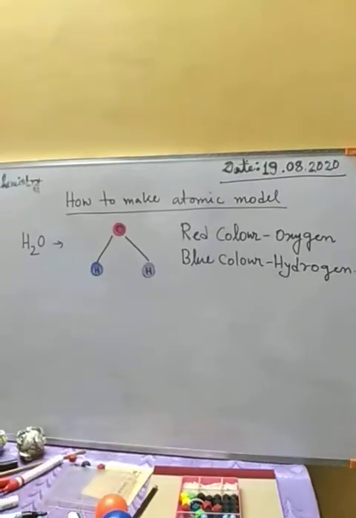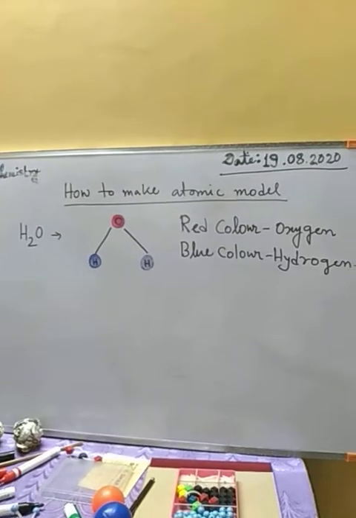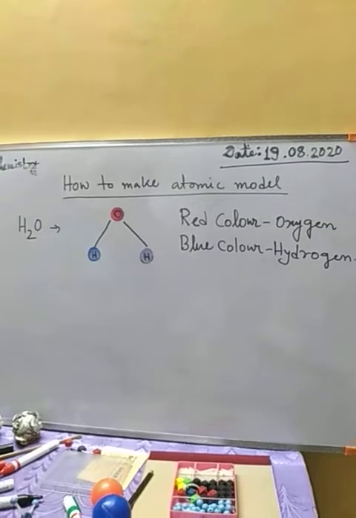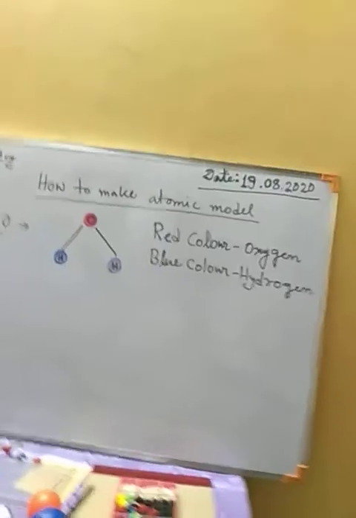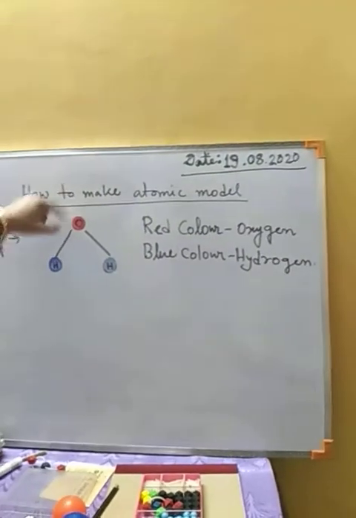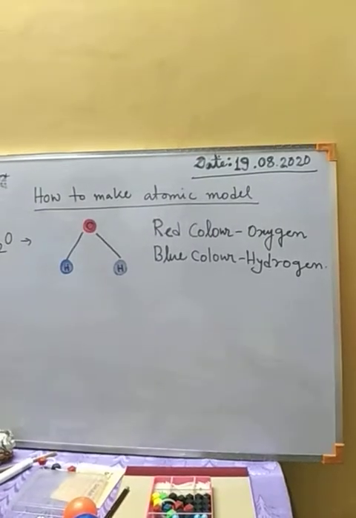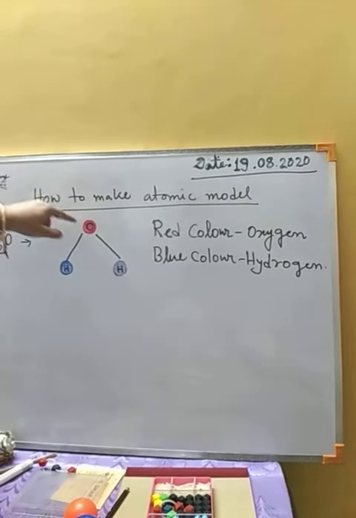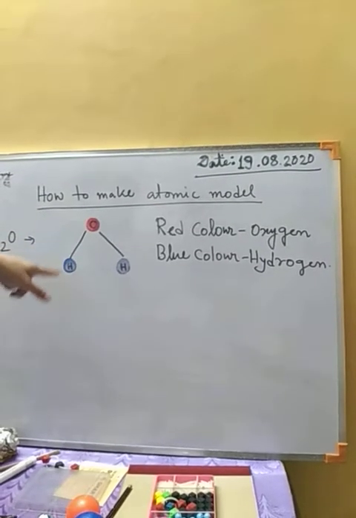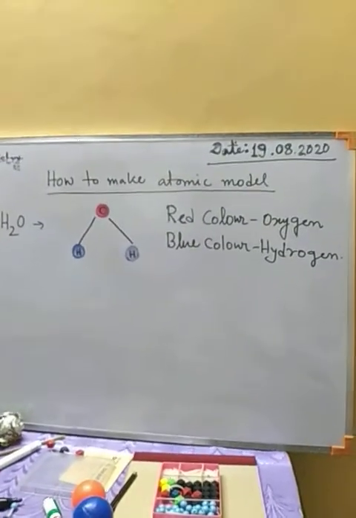In the same manner, on the blue color balls we write the symbol of hydrogen, so that it can be easily understood that this is hydrogen and this is oxygen. After making the ball, you write the symbol of the particular element on it. In this manner.